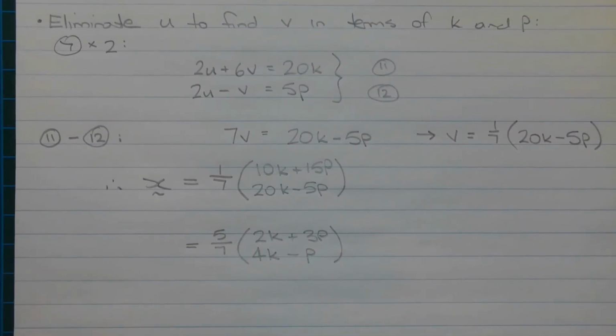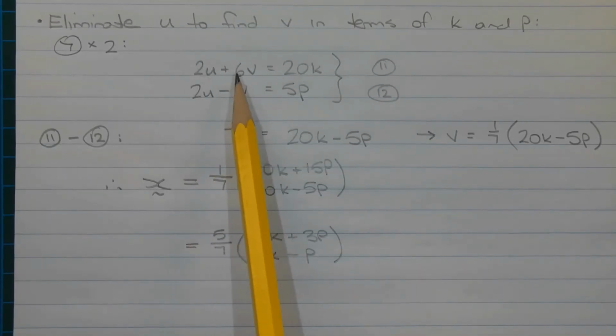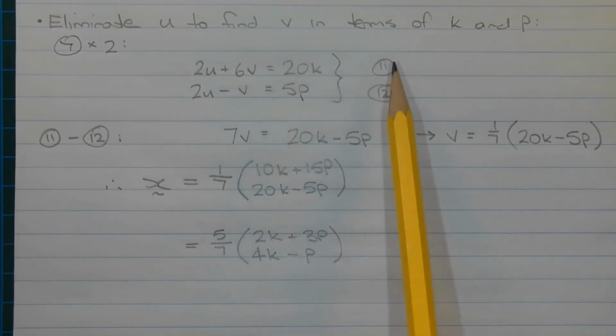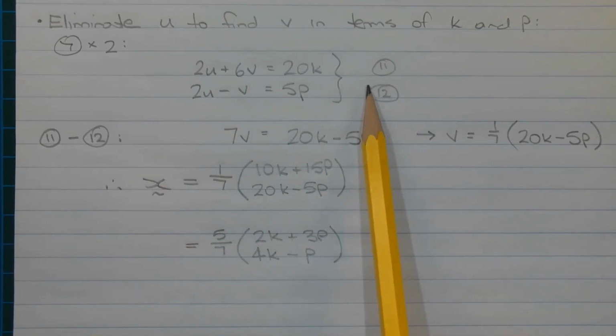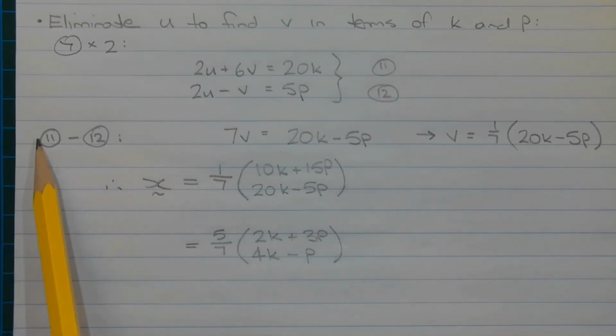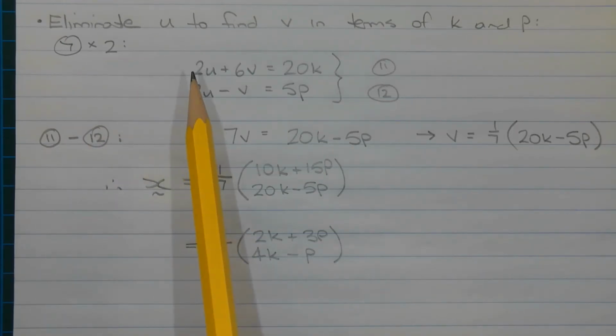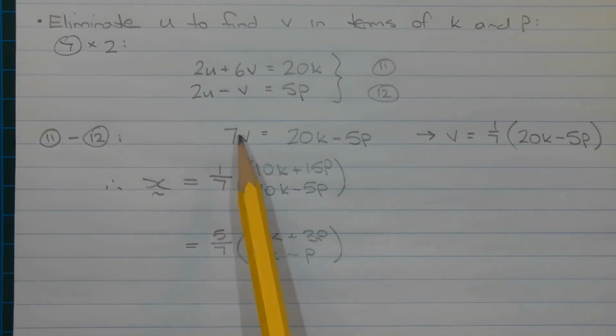And we form the following set of simultaneous equations. 2u plus 6v is equal to 20k, we'll call this equation 11, and 2u minus v equals 5p, we'll call this equation 12. So if we take equation 11 and subtract from that equation 12, we eliminate the terms involving 2u. So we have 7v is equal to 20k minus 5p.